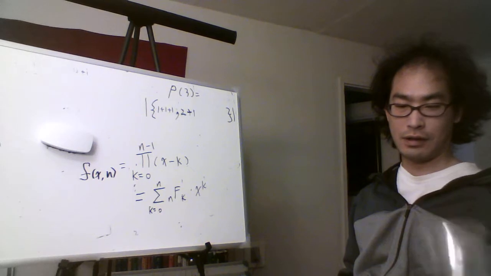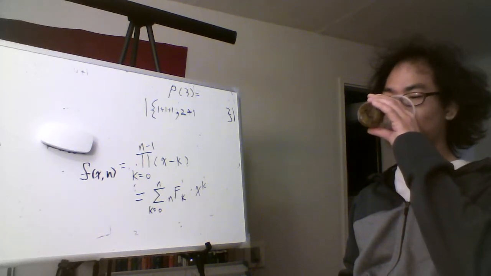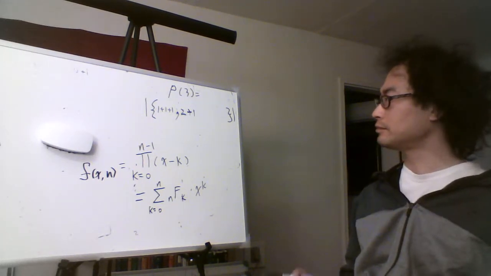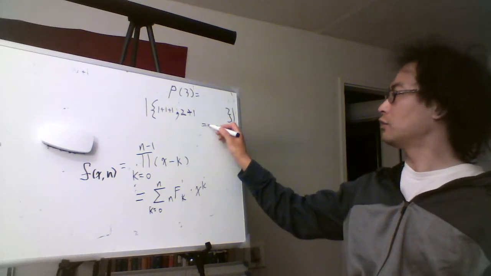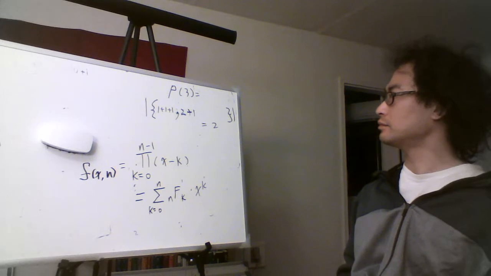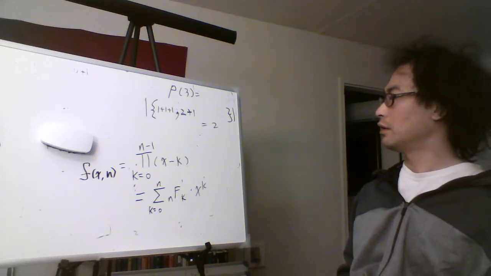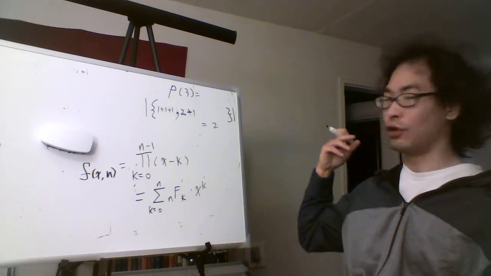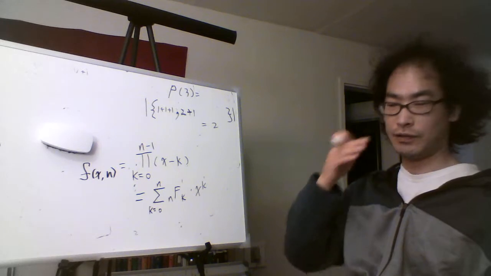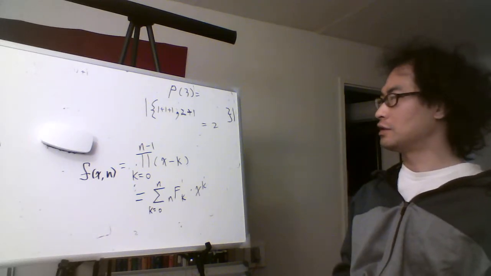So that's it, right? Partition function. Why are we doing this? Because that's what I need to know to understand this explicit formula for the first Stirling number.